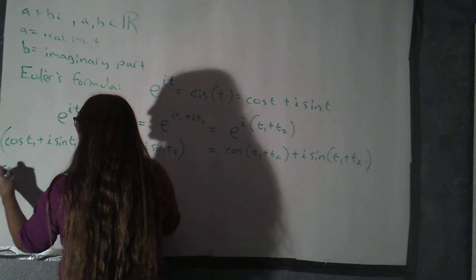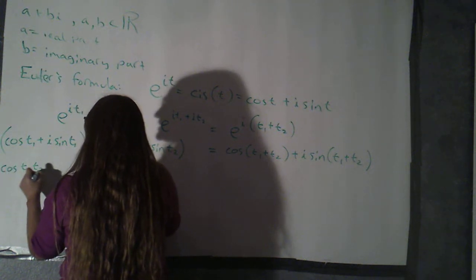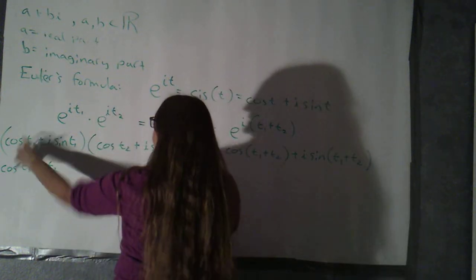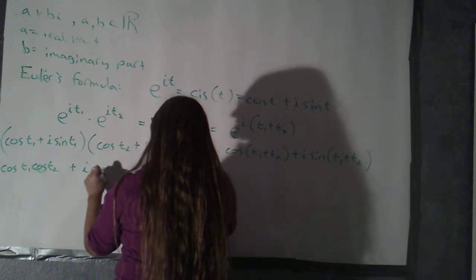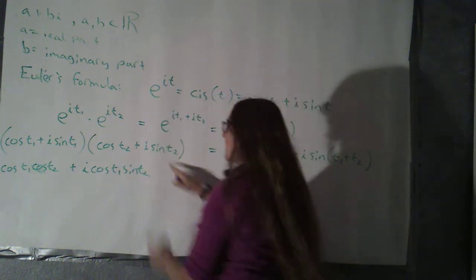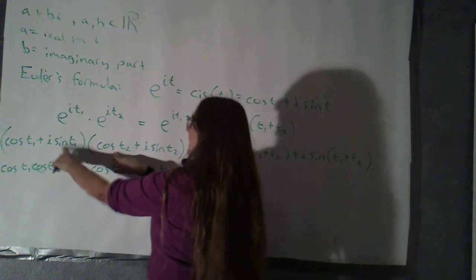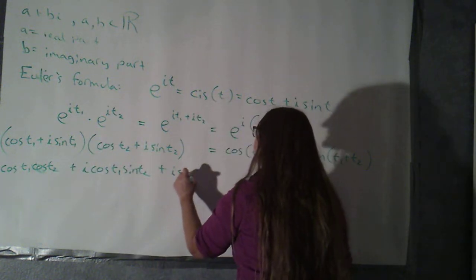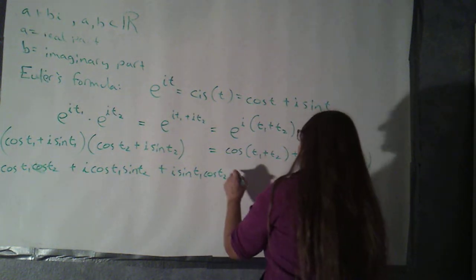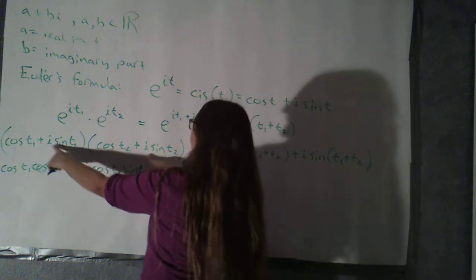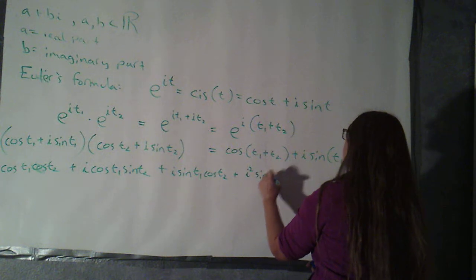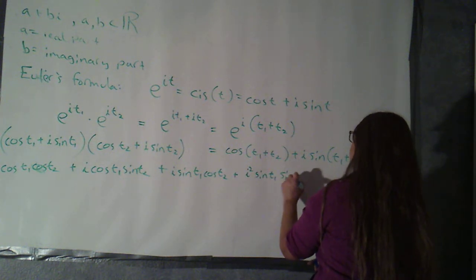So I would get cosine of t1 times cosine of t2 plus i times cosine of t1 times sine of t2 plus, inside terms, I'm going to get i times sine of t1 times cosine of t2 plus my last terms, I'm going to get an i squared times sine of t1 times sine of t2.